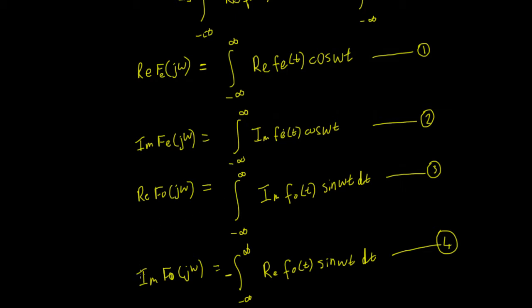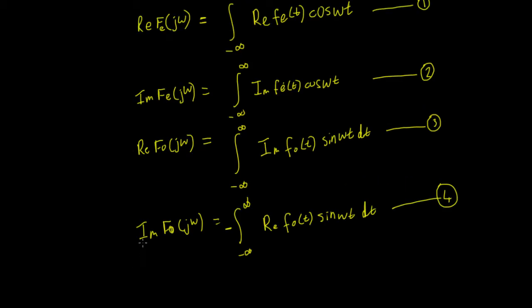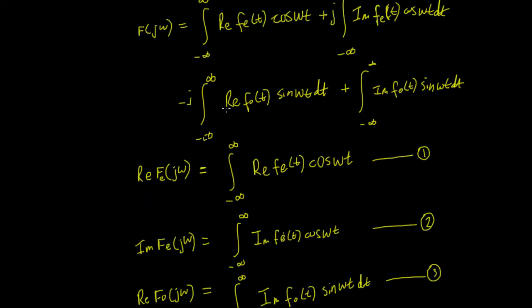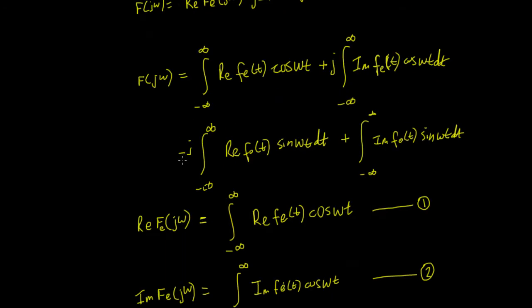And again, we're looking at the imaginary odd part here. The imaginary odd part of this is this part here, because that's the imaginary. So the imaginary odd part is the real odd part in time.